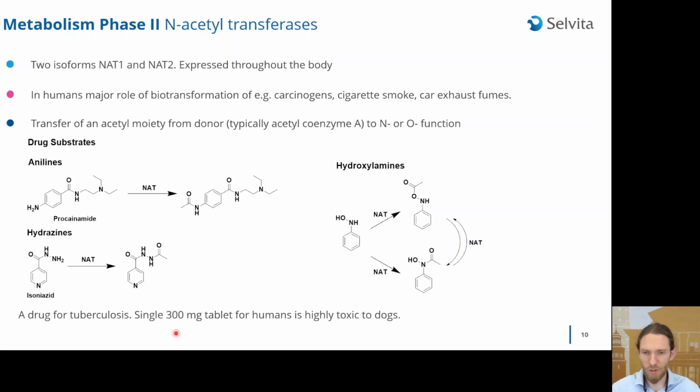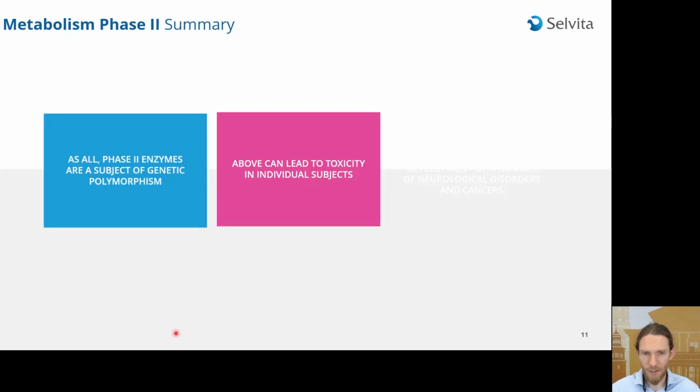Some people showed high tolerance to isoniazid, and other people were highly sensitive to its toxic effects. Upon detailed research, it was found that these people were expressing different isoforms of N-acetyltransferases, which was responsible for different safety and different toxicity of this drug between humans.